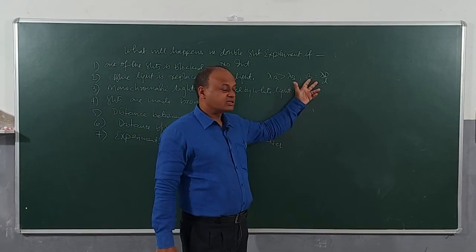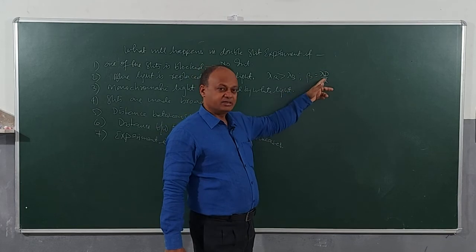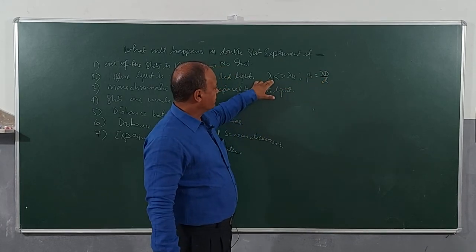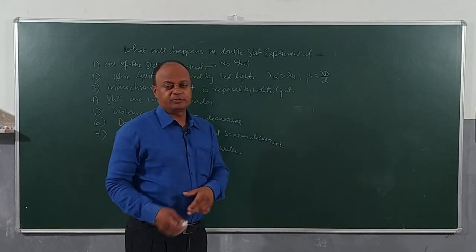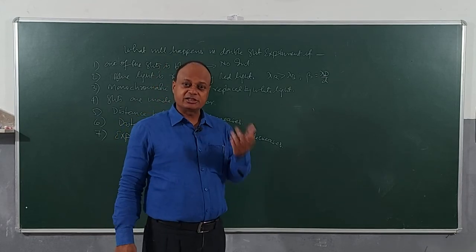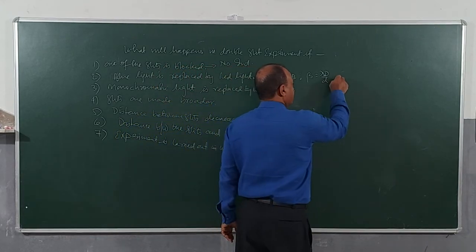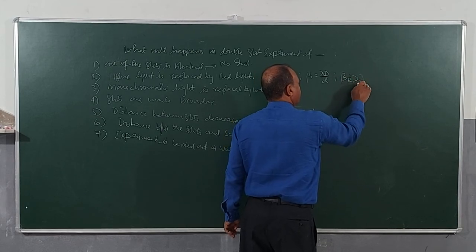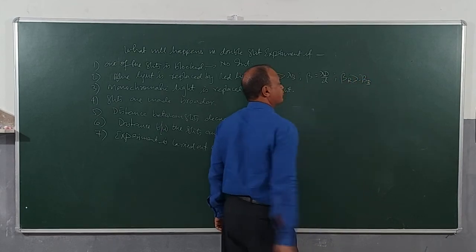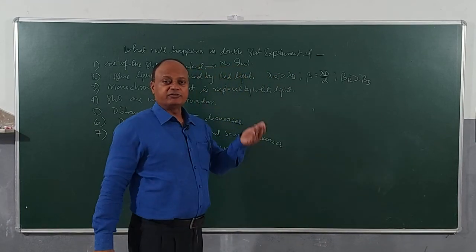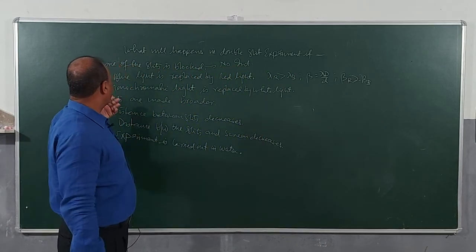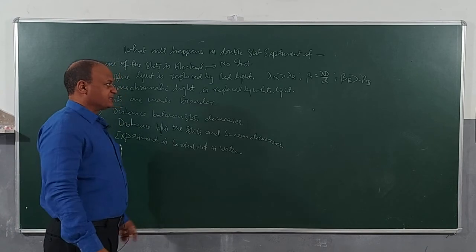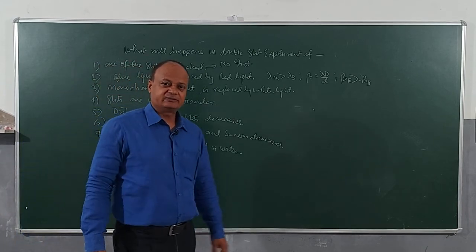So when I look at this, beta for red is more than beta for blue. If you replace blue light with red light, the wavelength is increasing, so the fringe width will increase. Then, monochromatic light is replaced by white light.